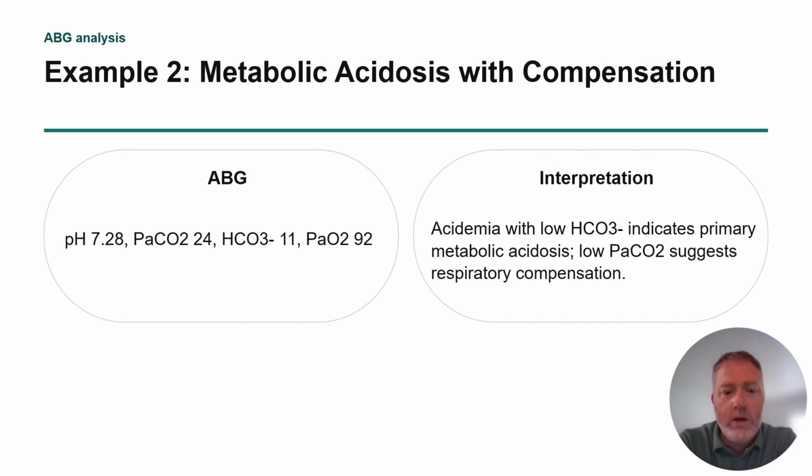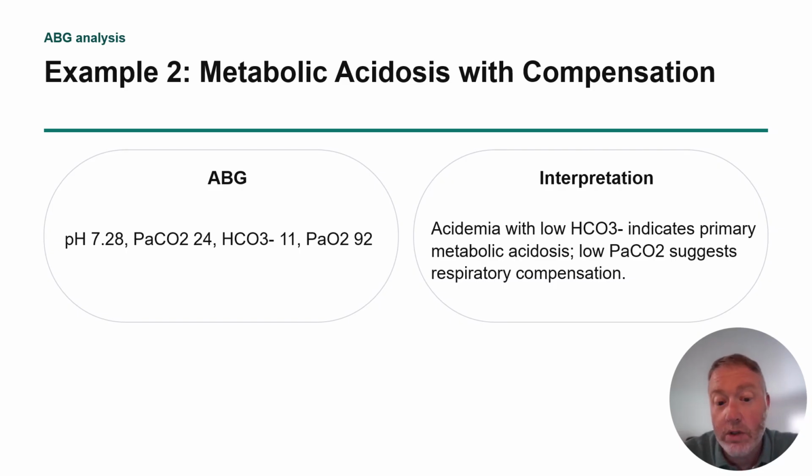So in terms of analyzing, take a look at the pH for step one. So it's low, so we're acidotic. Okay, where's the CO2? If it was high or elevated, then we would suspect a respiratory acidosis. Since it's not, well, 24, I don't know. Where do we go from here? Well, go to the bicarb.